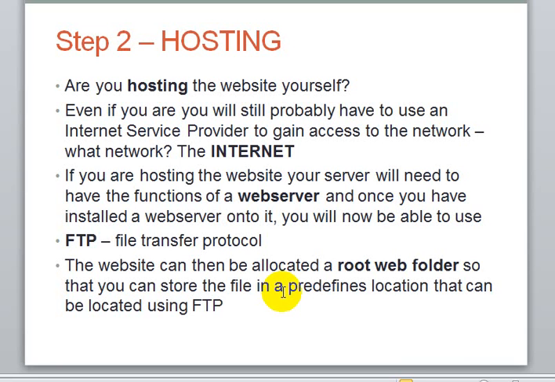We need to broadcast it, meaning in a sense publish it onto the network, being the internet, so that everybody can see it. The website can then be allocated a root web folder on this web server, so that you can simply store the files in a predefined location, and this is where you'll be FTPing to, File Transfer Protocoling to, this particular root web folder.